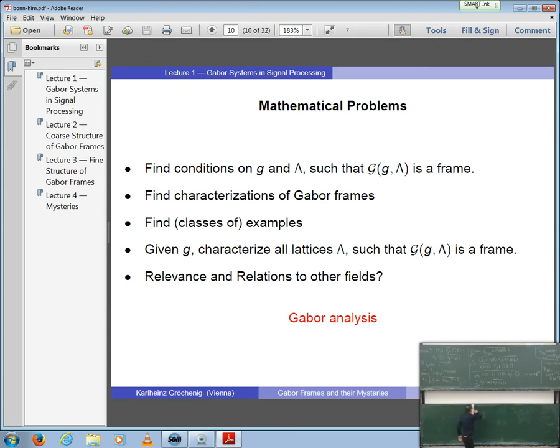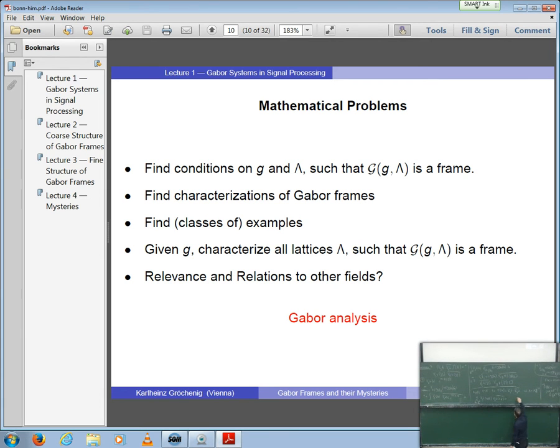Okay, so according to this here, this would be the determinant of A inverse, sum of F hat at A transpose inverse k, k again in Z^2d.